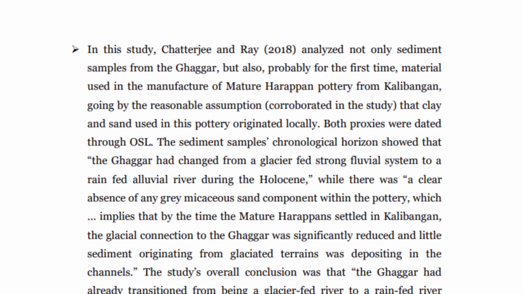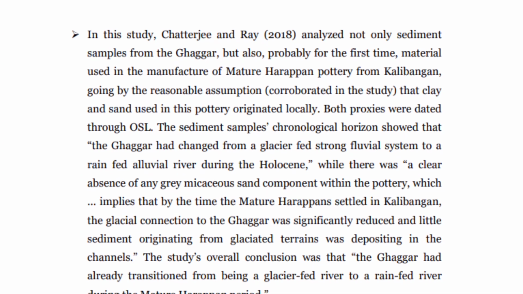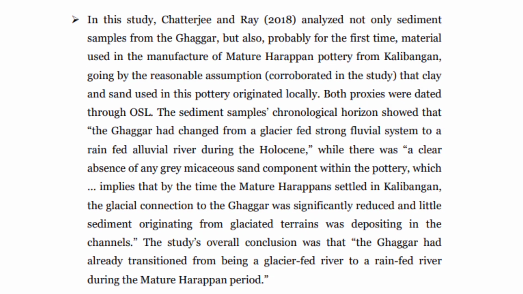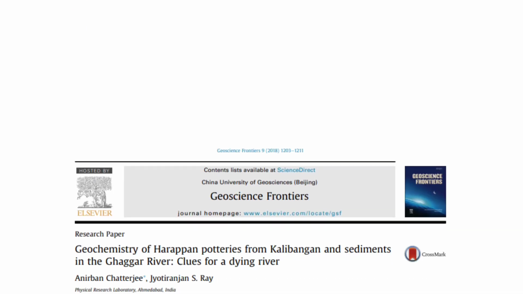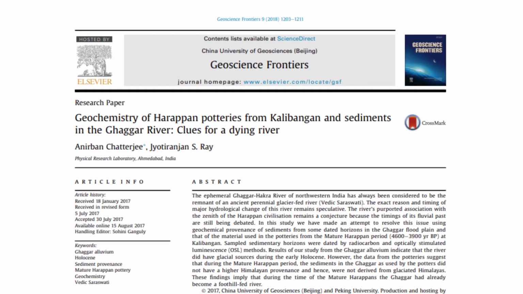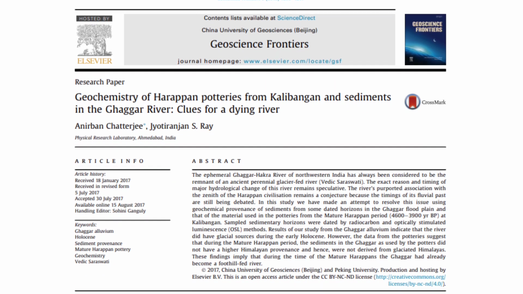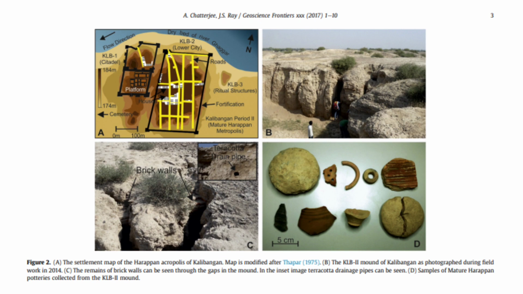The next study is a very interesting study done by Chatterjee and Roy in 2018. They not only analyzed the sediment samples from the Ghaggar Paleochannel, but also, for the first time, they analyzed the material used in the manufacture of mature Harappan pottery from Kalibangan, and presumed that the local potters in Kalibangan used the clay from their local riverbed.